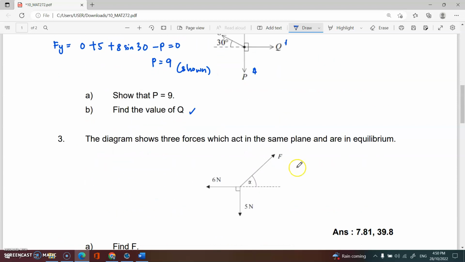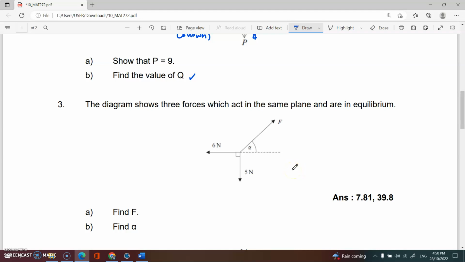Okay, let's look at question number 3. The diagram shows 3 forces which act in the same plane and are in equilibrium. Let's start with the x component. Let's say this is number 1, 2, and 3.